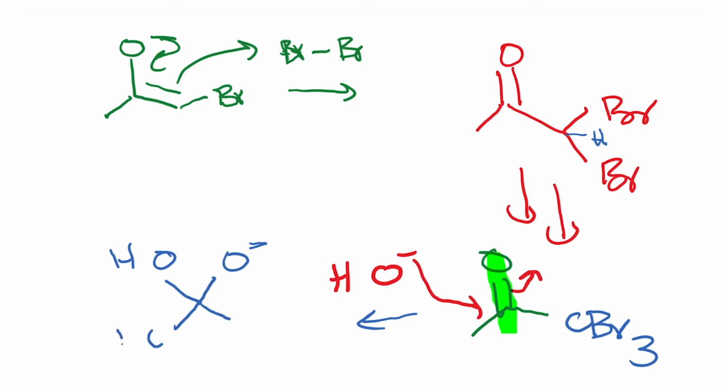So you have a CH3 and then you have a CBr3. Okay, so the interesting aspect of this kind of intermediate is that this is like a typical tetrahedral intermediate that we get during nucleophilic addition to or substitution to carbonyl compounds.